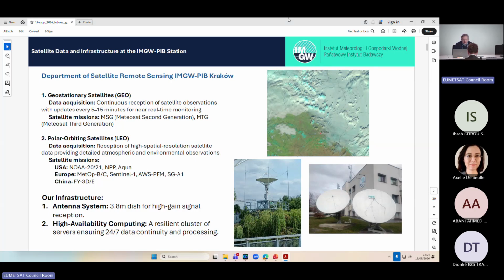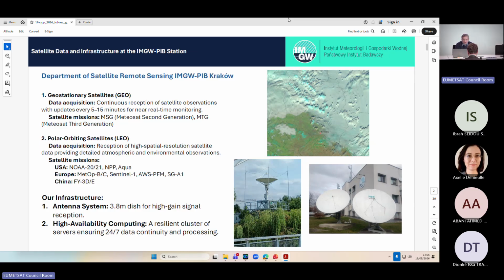We receive data from NOAA 20 and 21, Suomi NPP and Aqua, and also METOP B and C, also Sentinel-1, and AWS, a microwave satellite.